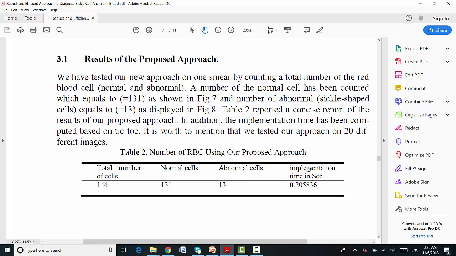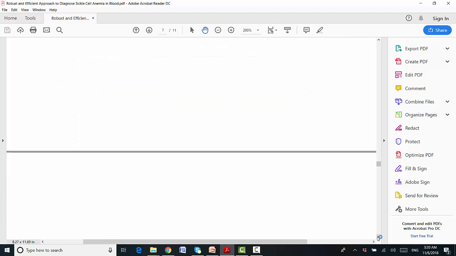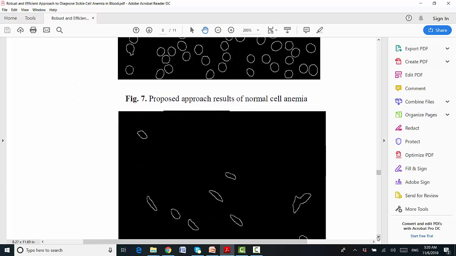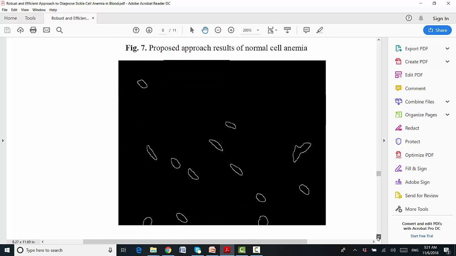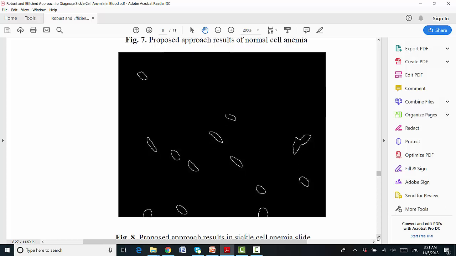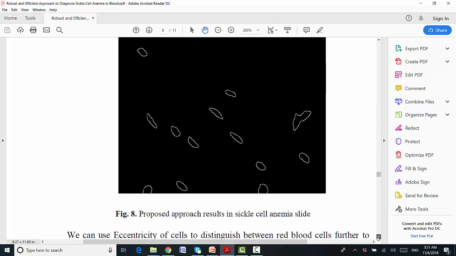And the time of implementation is 0.2 second. So here are the normal cells, and this is the abnormal cells by just applying a threshold to the eccentricity. So this is the result of our proposed approach.